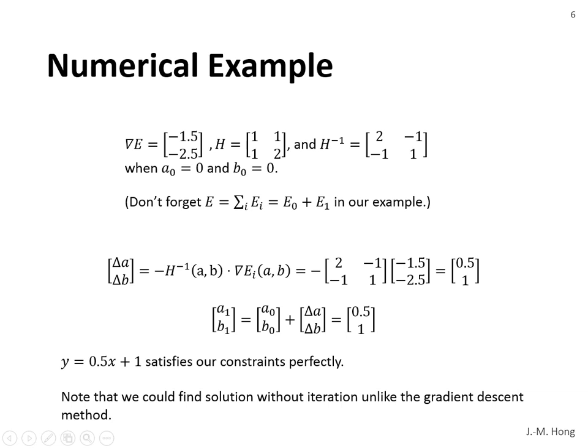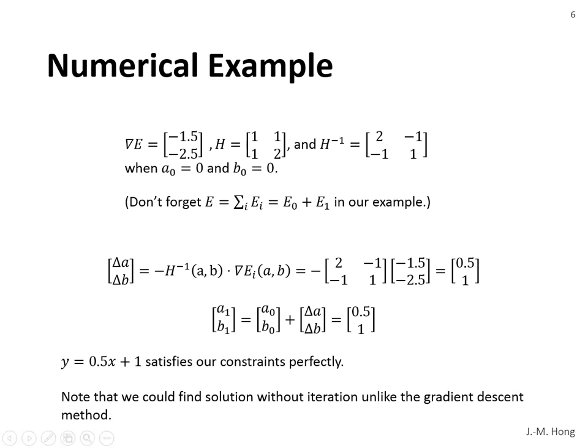So the initial condition was A0 is 0 and B0 is 0. So A0 plus delta A, 0.5, is 0.5, and B0, 0, plus delta B, 1, is 1. So our answer is y equals 0.5x plus 1, and this satisfies our constraints perfectly. Okay.